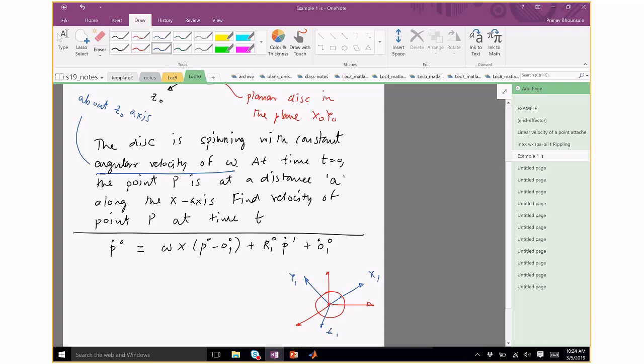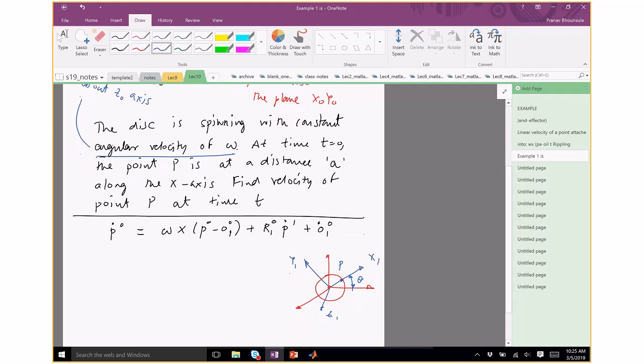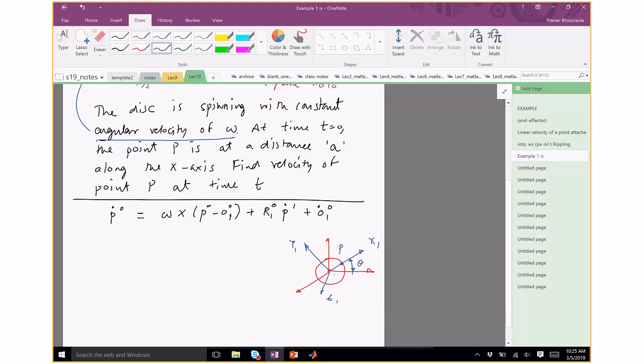So point P is right here, and this angle, let's say it's theta. Okay, so what's happening is that the origin is still at the same point. It's not translating. So O1 dot is equal to 0. It does not move, right? The origin is the same point.